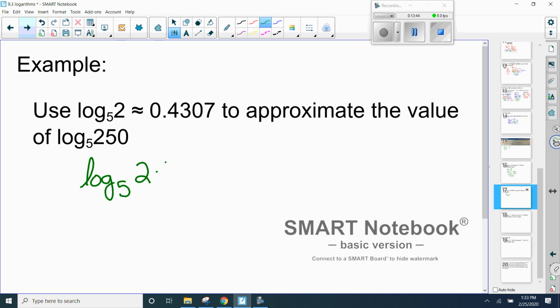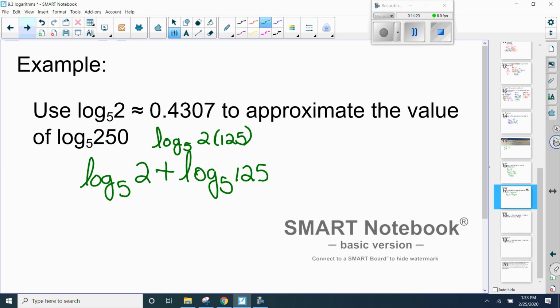Log base 5 of 125, because if we are adding, I know I could convert that back to this format. 2 times 125 is 250. You went directly to here. So you could go either way with this, just like we can go exponentials into logarithmic format or logarithmic back into exponential format. You can do the same thing with the properties of logs.